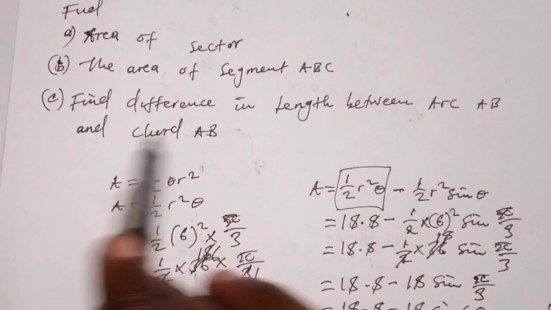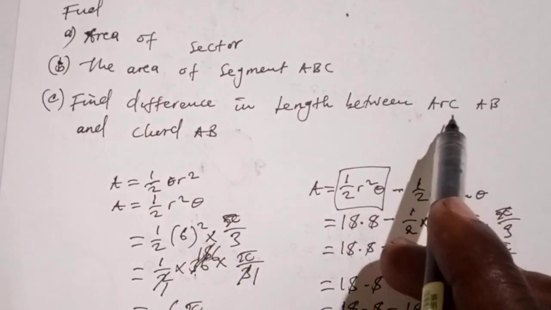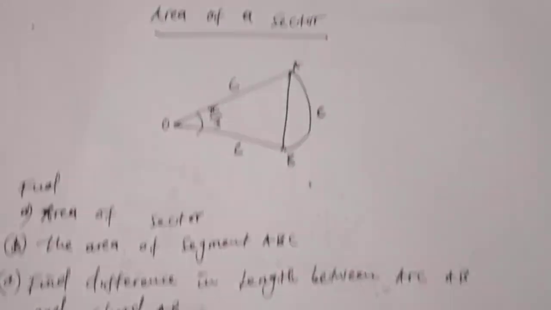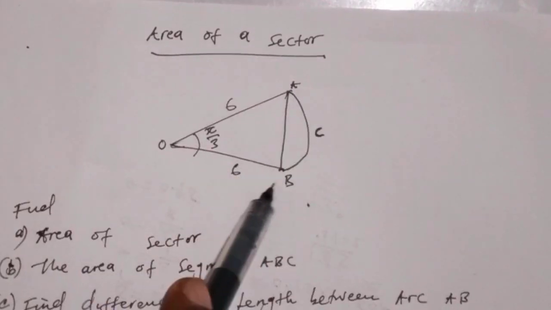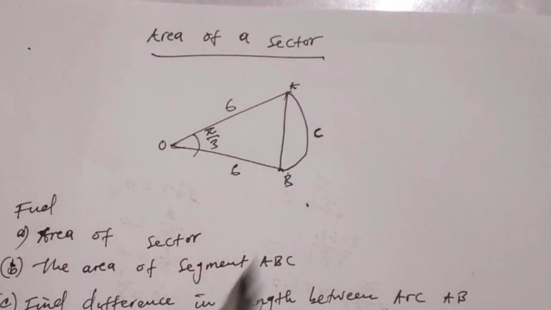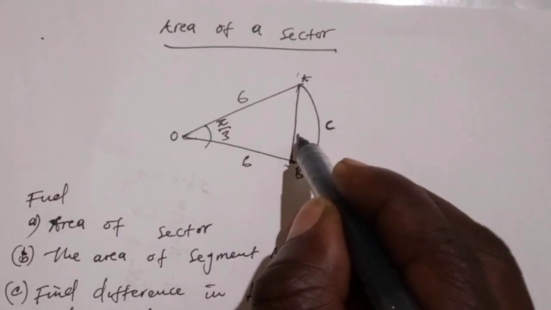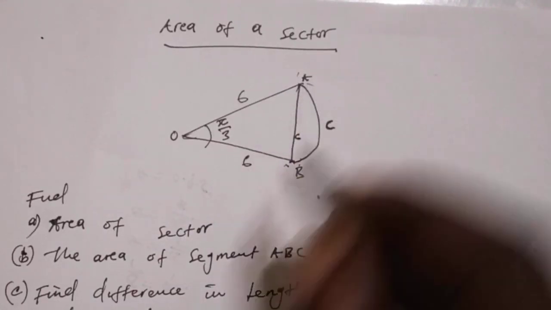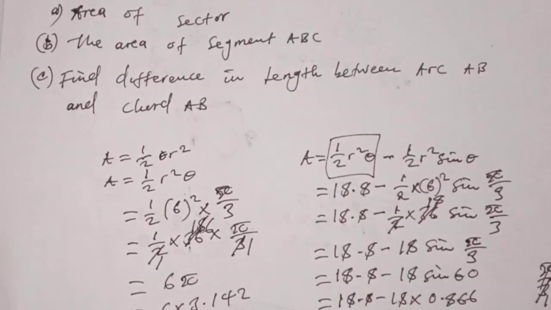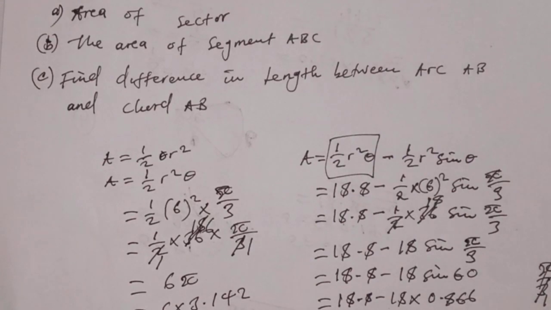Now the difference in length between arc AB, this is arc AB, and the chord, here this is the chord and this is an arc. So we have to find the difference.